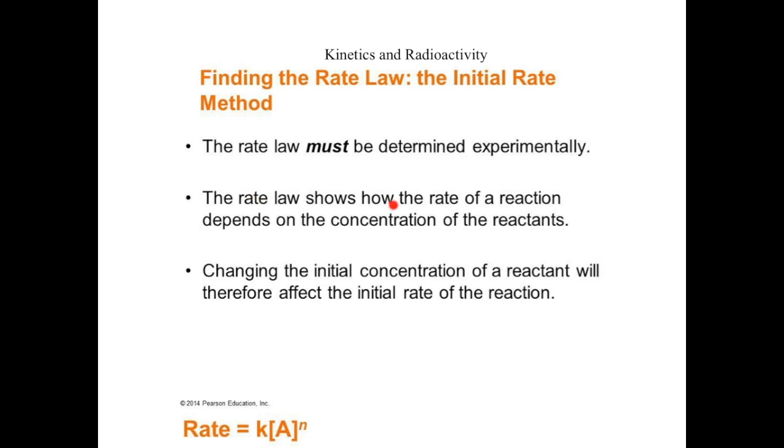The rate law shows how the rate of a reaction depends on the concentration of the reactants. Not the products, just the reactants, okay? Because we're using initial rate. No products have technically really accumulated because we're looking at the rate just at the very beginning of the reaction. So we focus only on reactants.